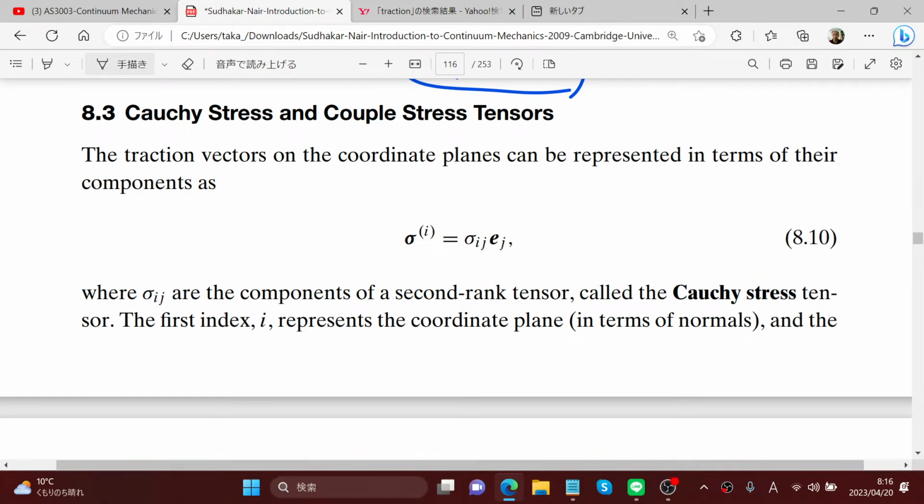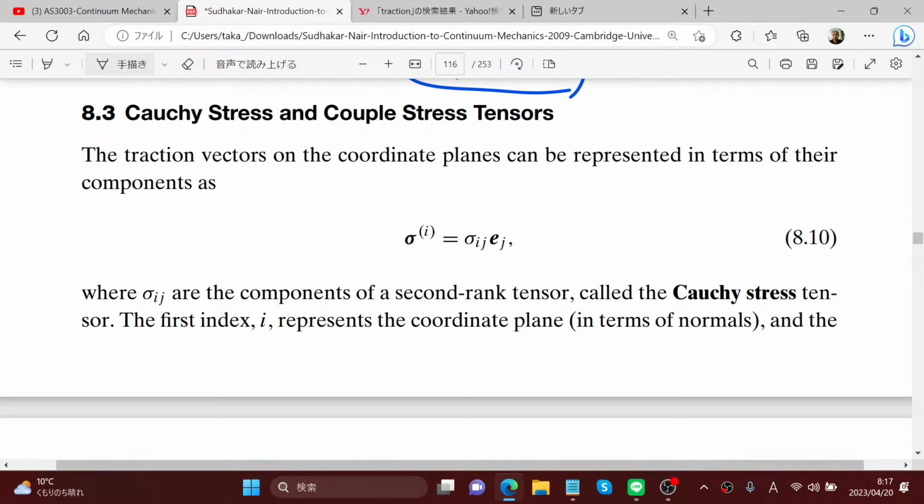Cauchy stress and couple stress tensors. The traction vectors on the coordinate planes can be presented in terms of their components as this. Okay, where sigma_ij are the components of a second rank tensor called the Cauchy stress tensor.